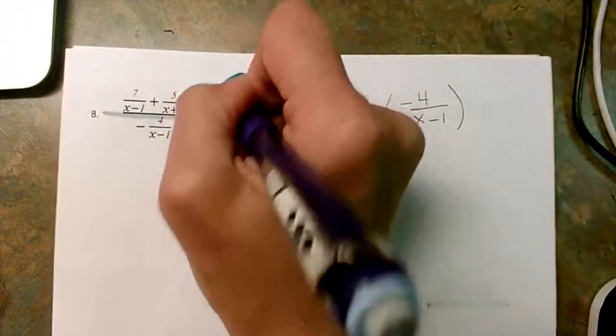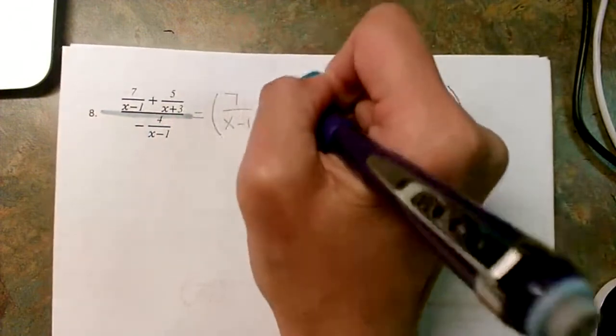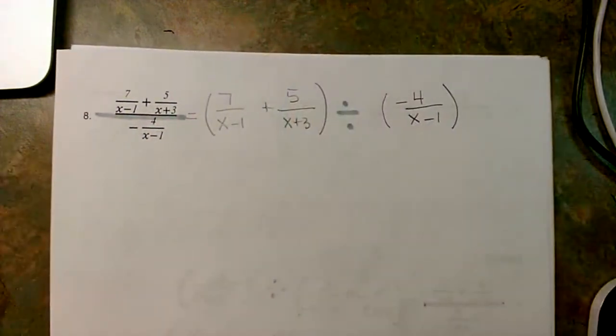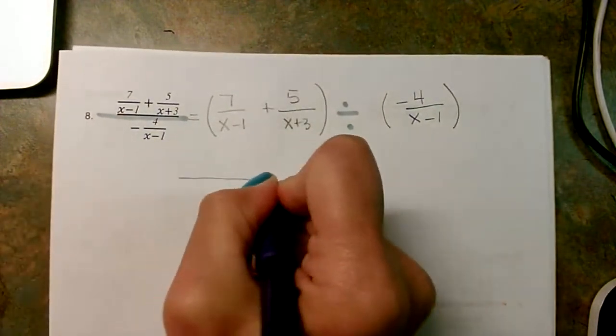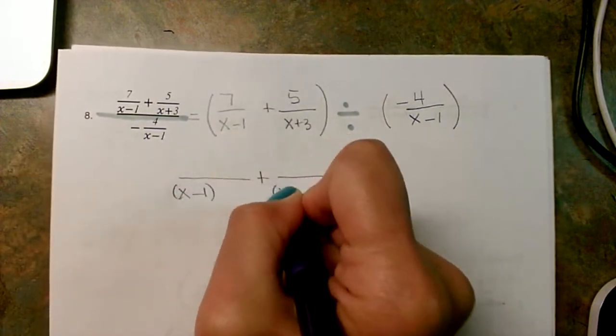And here we're going to have 7x minus 1. That's how we divide it. Now we need the same denominators. They need to match. Okay, so x minus 1.